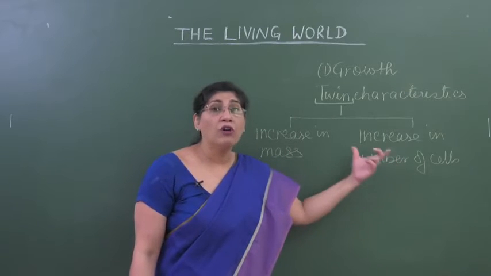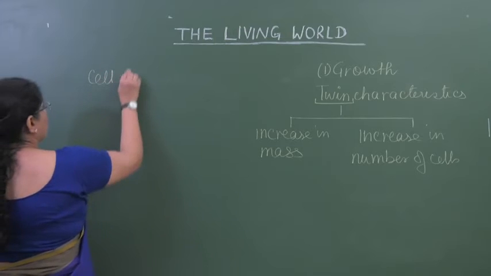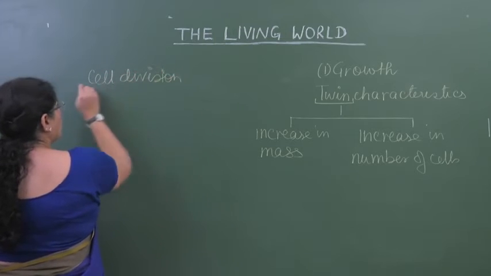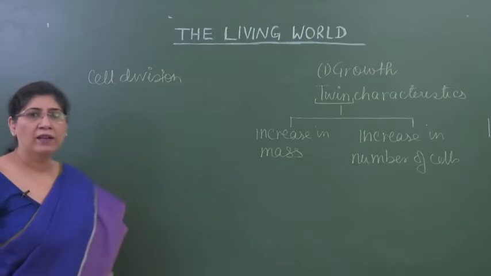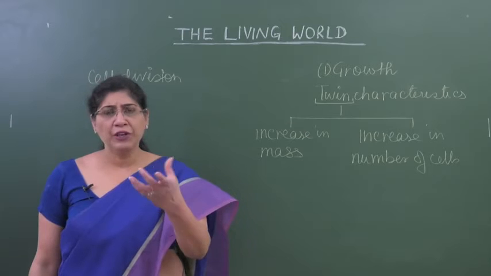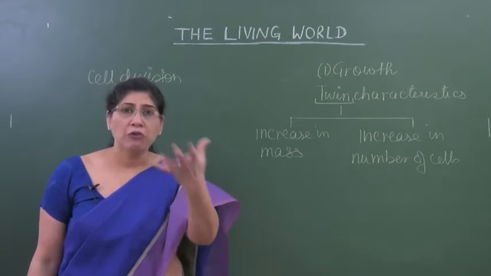Now what will cause growth? Growth का cause क्या है? Cell division. Growth is going to be caused by cell division. And which type of division? Usually mitosis. Remember, mitosis we study for growth.